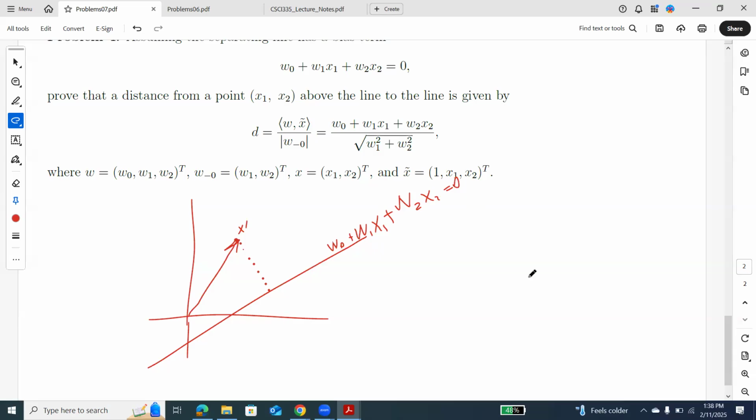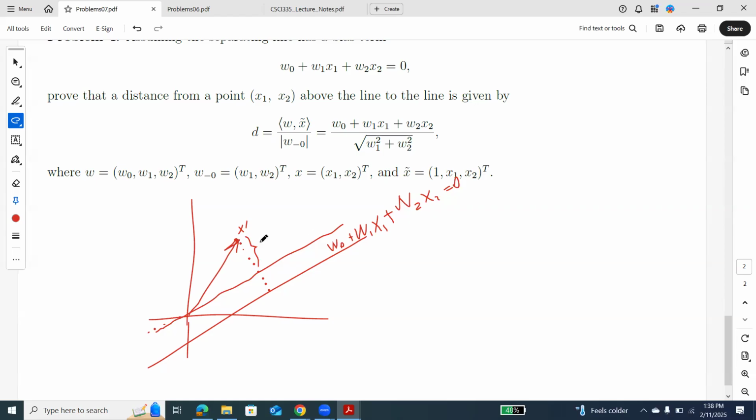So to find this distance, we can reduce this problem to the previous one. We can draw this parallel line, and we know the expression for this distance from problem 2.